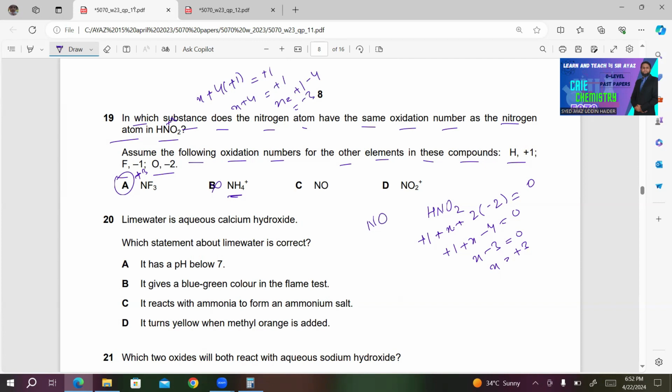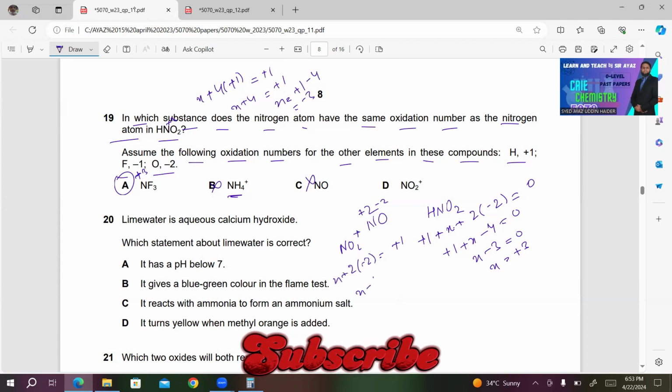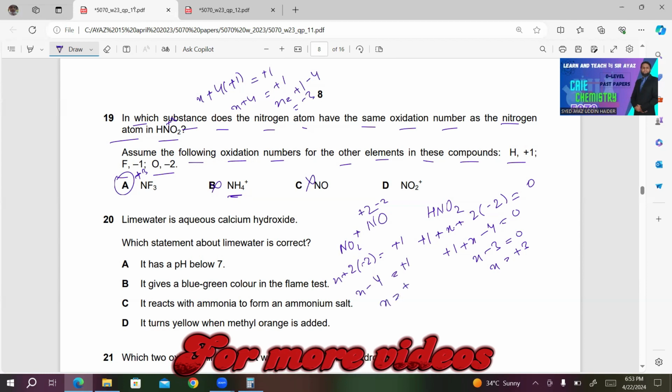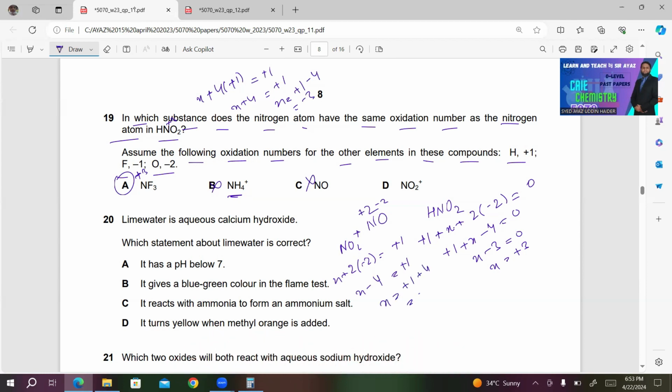Oxygen is carrying -2, so nitrogen must be carrying +2. This is also incorrect. What about NO2+? NO2+ means overall charge is +1. 2 atoms of oxygen, so 2 multiplied by -2. X minus 4 gives +1, or X is equal to +1 plus 4, it's carrying +5 here. This is also incorrect. A must be the right answer.